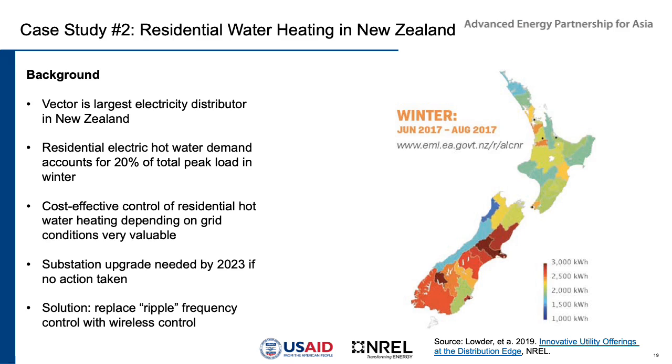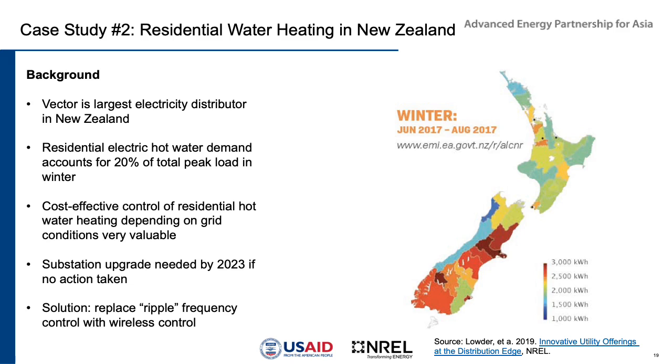And as you can see from this chart, the impact on the number of kilowatts used was significant. This was only a pilot project. It was only done on roughly 100 homes or so at the time, but they demonstrated that this wireless control approach was much more effective than the ripple control.